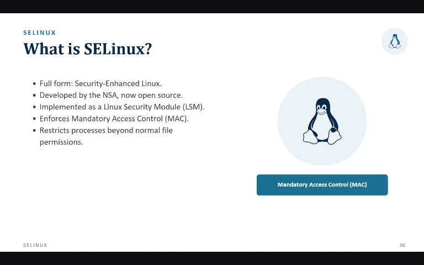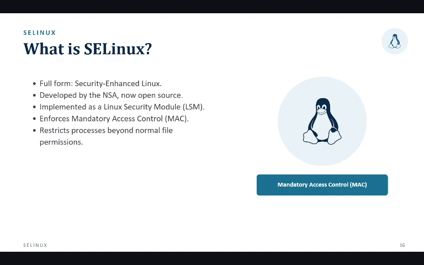Our third defense is different in nature. It's SELinux, or Security-Enhanced Linux. It was originally developed by the NSA and is now fully open source. Rather than working at the CPU or memory level like ASLR or DEP, SELinux is implemented as a Linux security module and enforces something called Mandatory Access Control, or MAC.